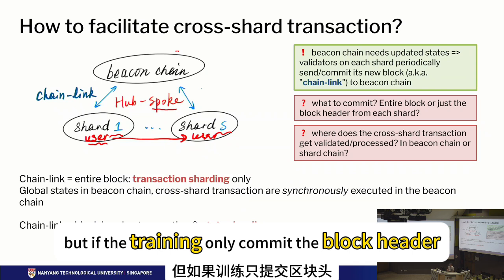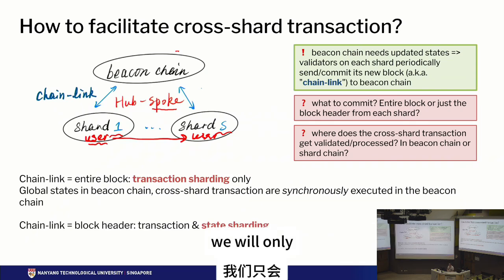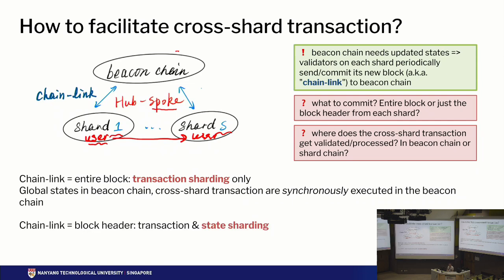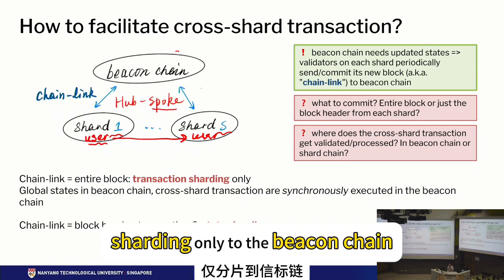But if the chain link only commits the block header, we will only commit the state sharding, and also some of the transaction state sharding, to the beacon chain.